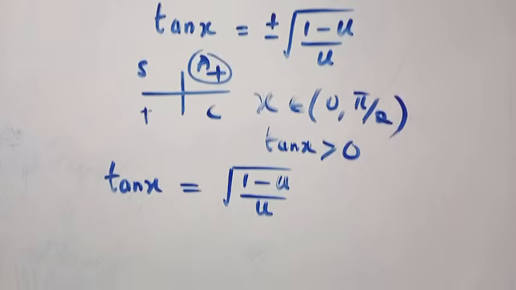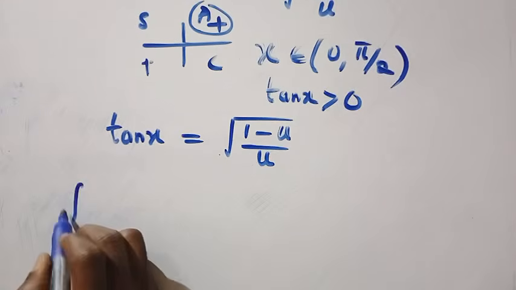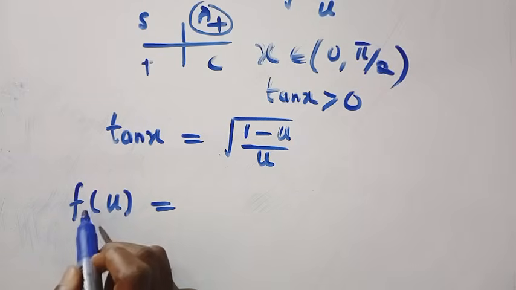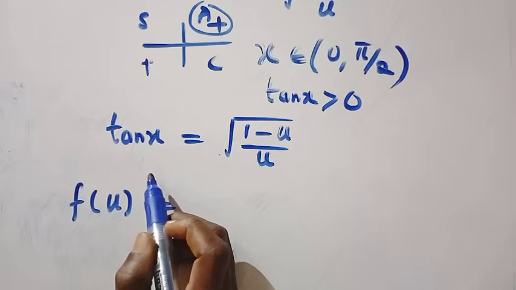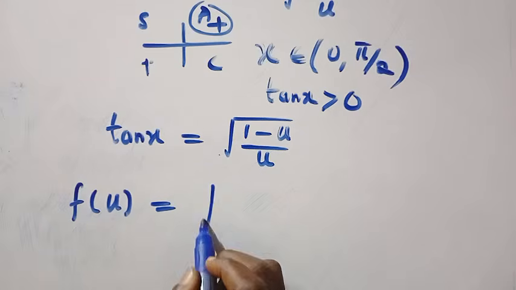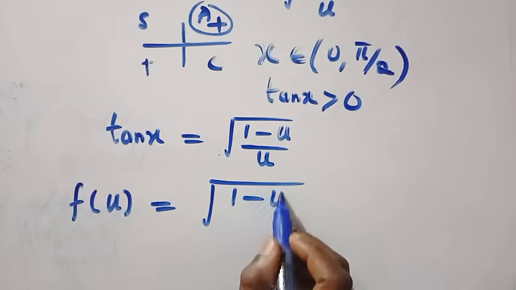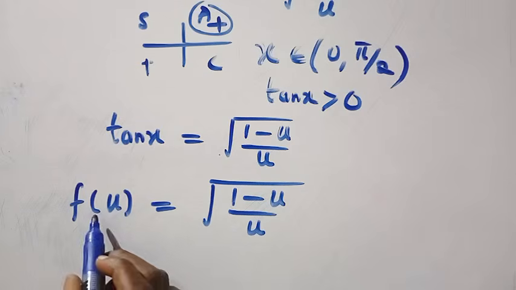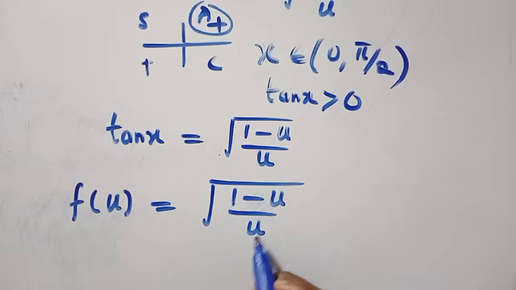Initially we have f of u equals tan x. Now tan x is given as the square root of 1 minus u divided by u. Let's try and understand the domain of this. f of u equals the square root of 1 minus u over u.